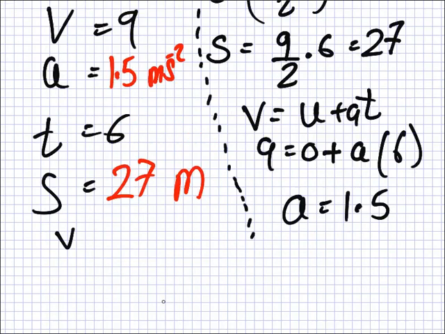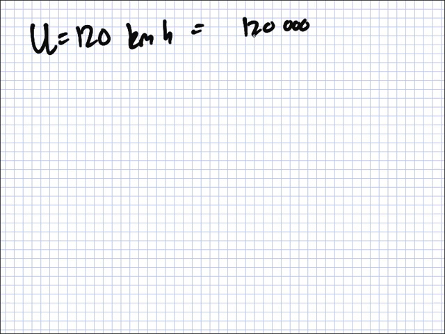So, firstly, the U, which is 120 kilometers per hour, will be 120,000 meters over 3,600 seconds. Can someone tell me what that is, please?